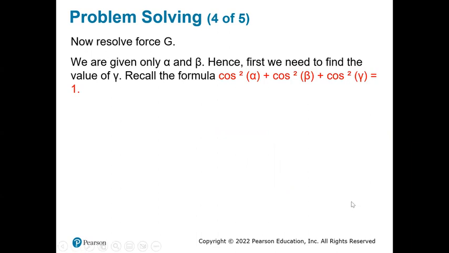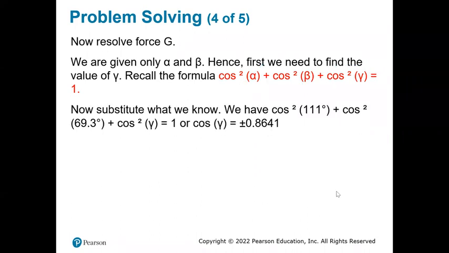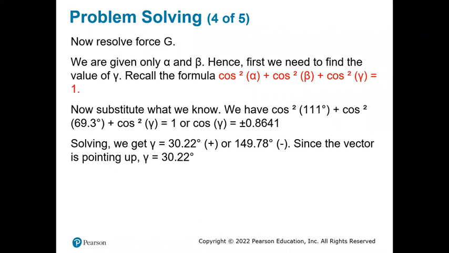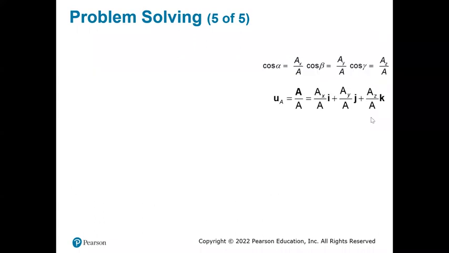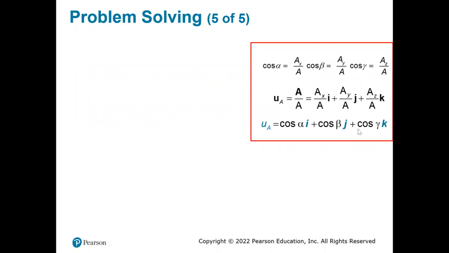Now let's solve for G. For G, we know alpha and beta, so we don't know gamma. So we are going to use our rule to find our gamma. And from solving that, we find gamma as 30.222. Now we have cos alpha from the unit vectors. We can use this rule to find out the force.